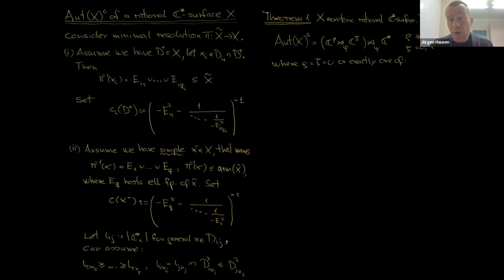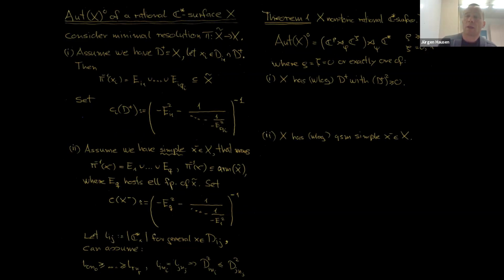What about rho and zeta? They can be both 0 or exactly one of the following holds. Either we have a parabolic fixed point curve, which is without loss of generality D plus, and this parabolic fixed point curve is of non-negative self-intersection, or we have a simple elliptic fixed point, which without loss of generality is x minus in x.